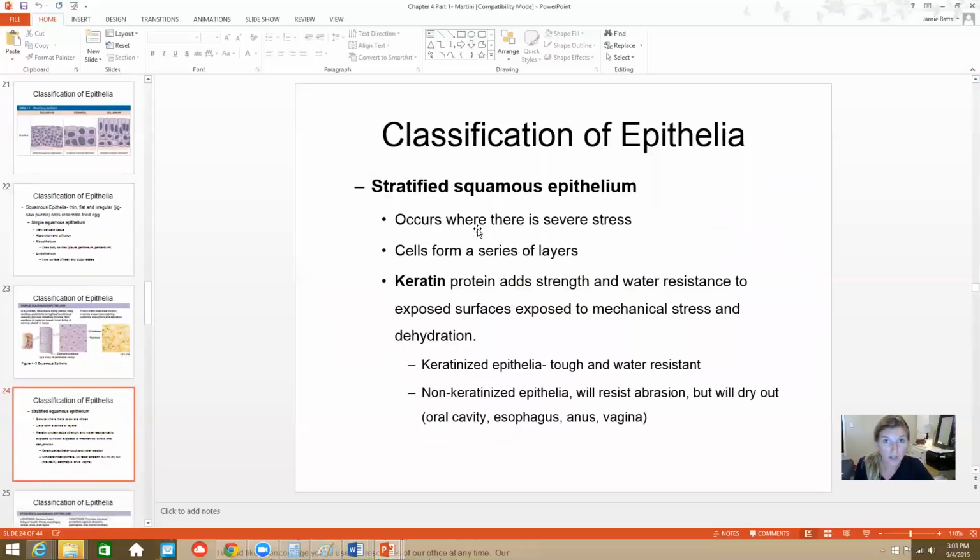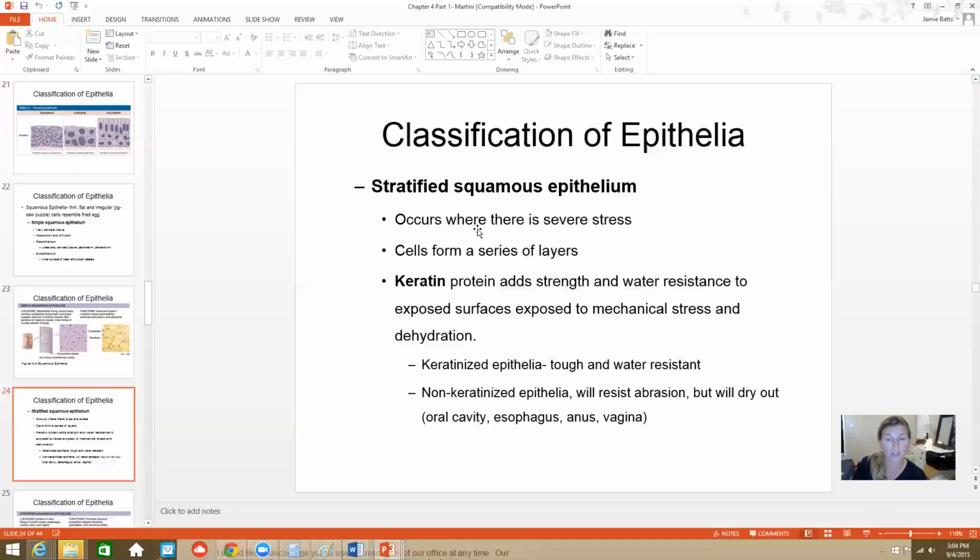You get stratified squamous. Now we have several layers of this thin stuff, and now we can start protecting because we have lots and lots of layers there. So this is where there's going to be lots of friction. There's usually a protein called keratin associated with stratified squamous. Keratin, as we'll learn in the next chapter, is this kind of dried out, crusty protein that can overtake cells. It's what makes up our hair and skin and our fingernails. And epithelium can be keratinized or non-keratinized.